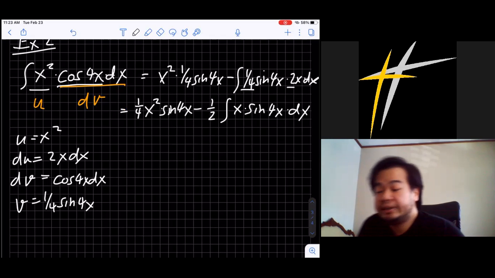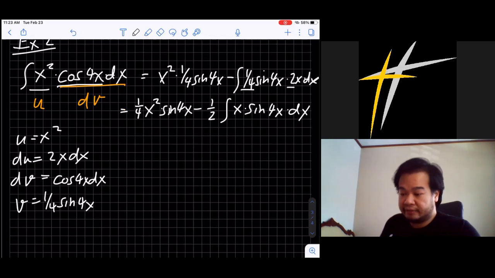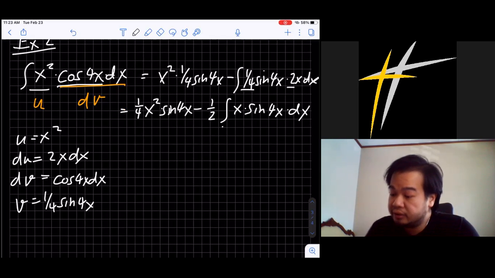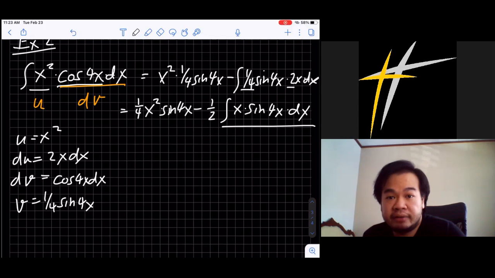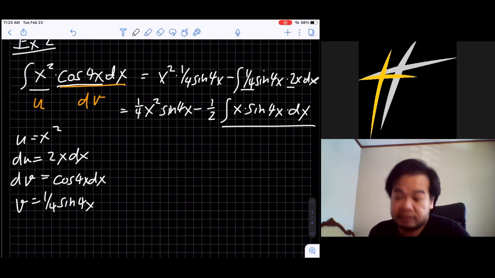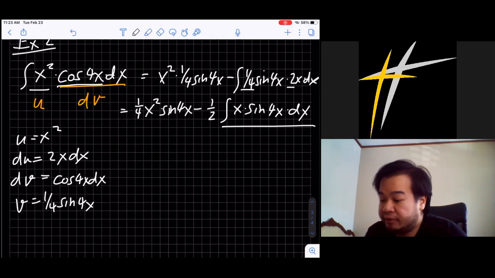Now, here we still have another product, but of course the product is actually simpler than your original problem. In the original problem, you have a product of three terms, x, x, and cos 4x. On the next step, you have x and sine 4x, which is simpler. So again, you can do another integration by parts.